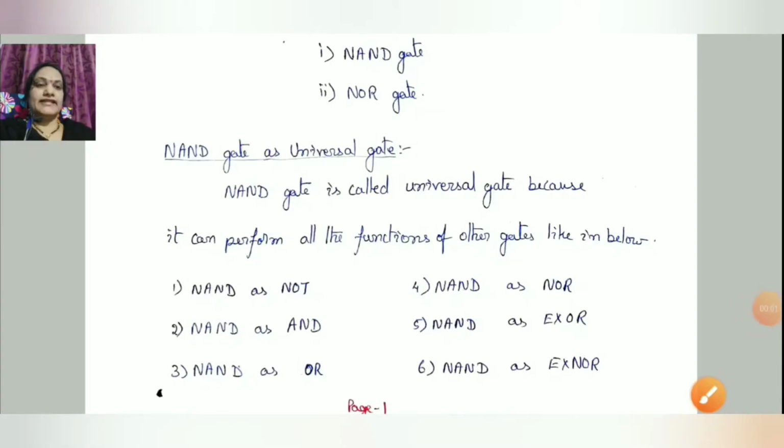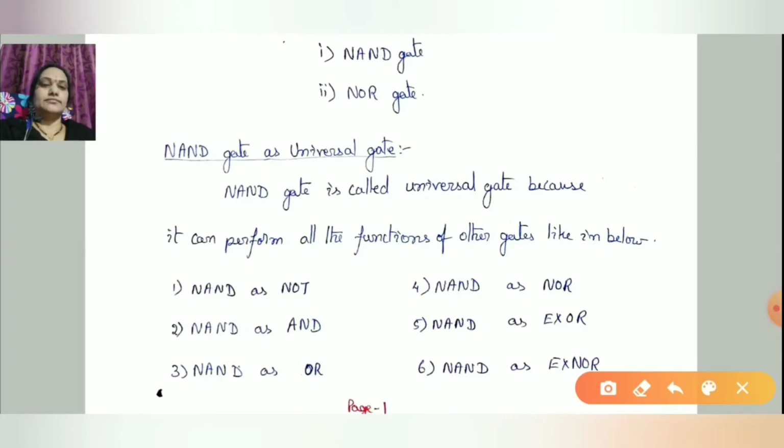Now let me explain why this NAND gate is called a universal gate. Suppose you are given many NAND gates but you don't have other gates. Without having other gates, if you can perform all the operations by using only NAND gates, it means NAND gate acts as a universal gate. Simply, universal means belongs to all.